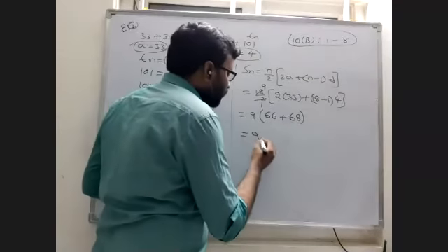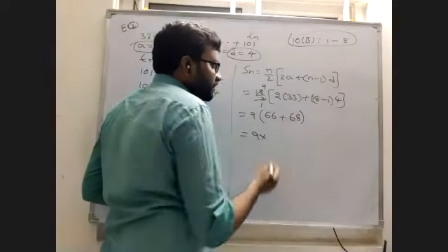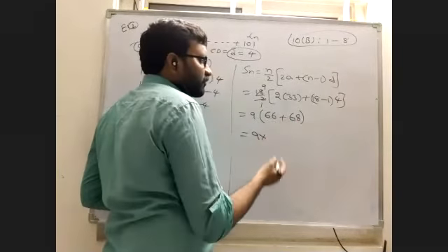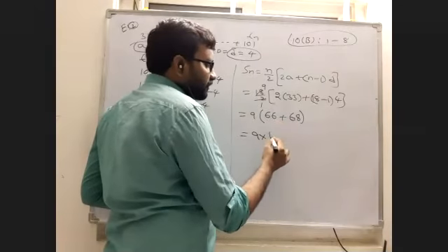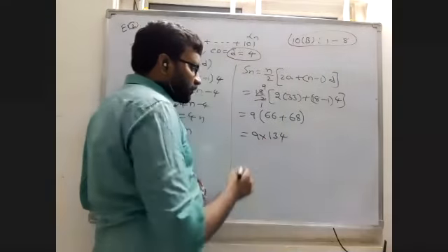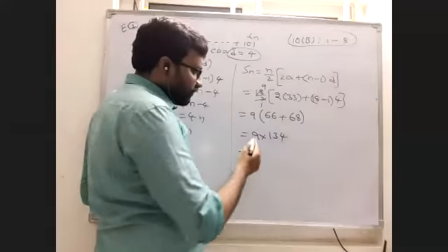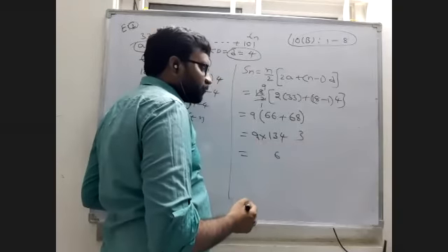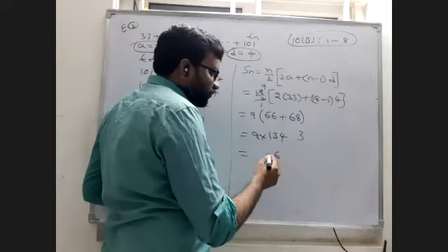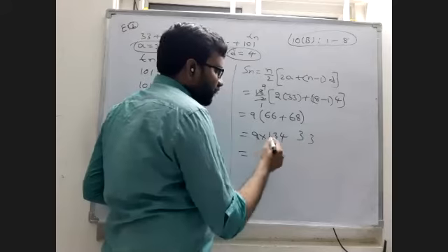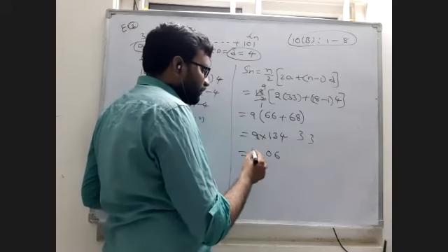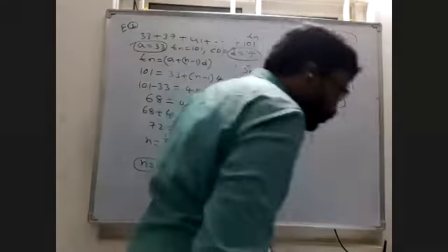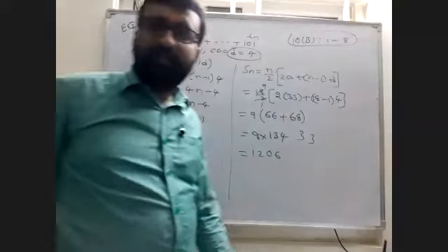Now this is 9 into (66 plus 68). That is 60 plus 60 is 120, 120 plus 14, 134. So 134 into 9 is what? 9 times 4 is 36, 9 times 3 is 27 plus 3, 30, 9 times 1 is 9, 10, 11, 12. 1206 is the correct answer.